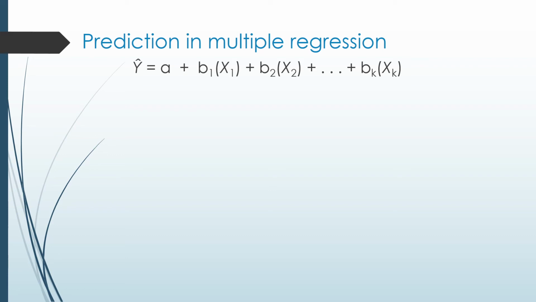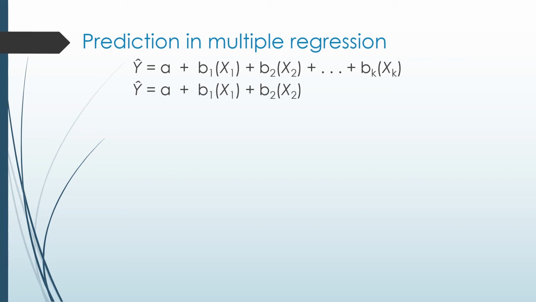So b1 times x1 would be for the first independent variable, b2 times x2 would be for the second, and so on all the way through as many independent variables as you had. Each independent variable has a term that has a slope and the variable itself, and you're going to have as many of those terms in your regression equation as you have independent variables. Now in the example I just gave you, we had 2 independent variables, so the equation would be shortened down to this.